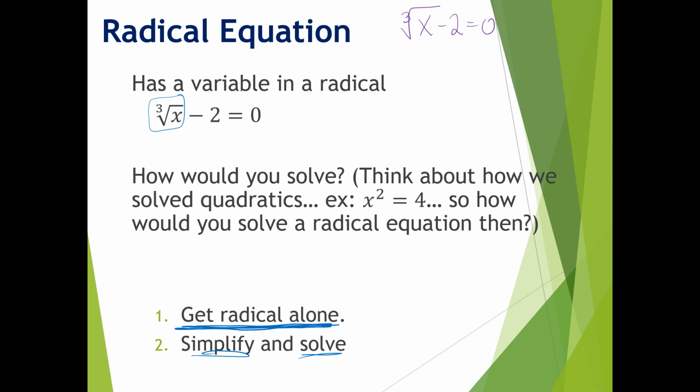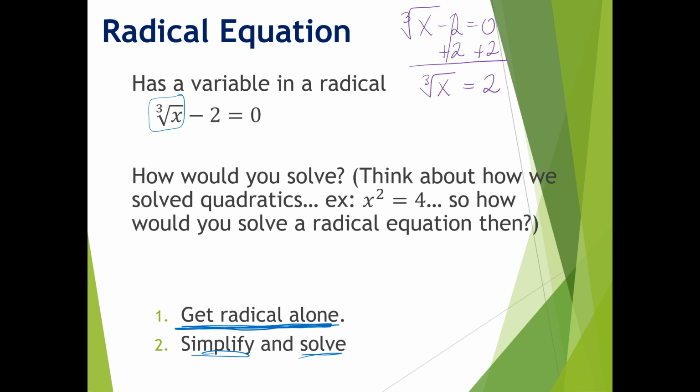So our first step says get the radical alone. So I want you to think about what that would mean, what we need to move to get our radical alone, okay? So hopefully you've thought of that. We're going to add 2 to both sides. That gives us the cube root of x equals 2.